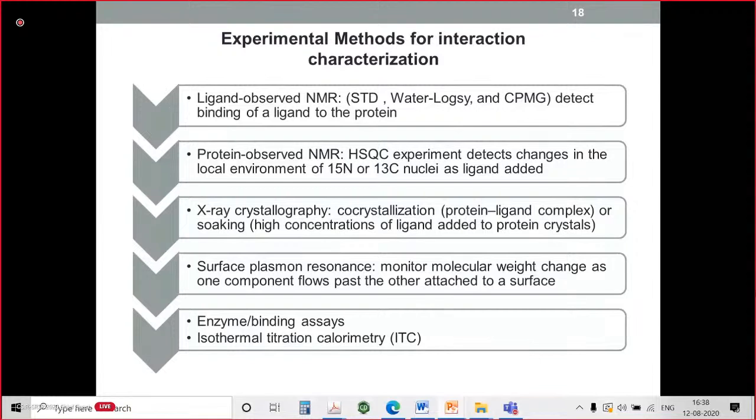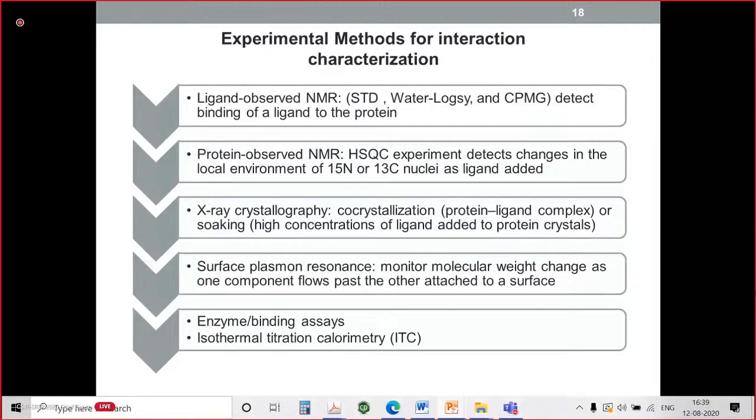Hydrogen-nitrogen HSQC, or hydrogen-carbon, but hydrogen-nitrogen HSQC is commonly used instead of hydrogen-carbon, because the hydrogen-nitrogen bond is more polar and gives better results. Whatever ligand interacts with such a hydrogen and nitrogen amino acid residue or bond will be reflected by the HSQC. A difference in the chemical shift is observed, which shows how strongly a particular ligand is interacting with this polar bond.